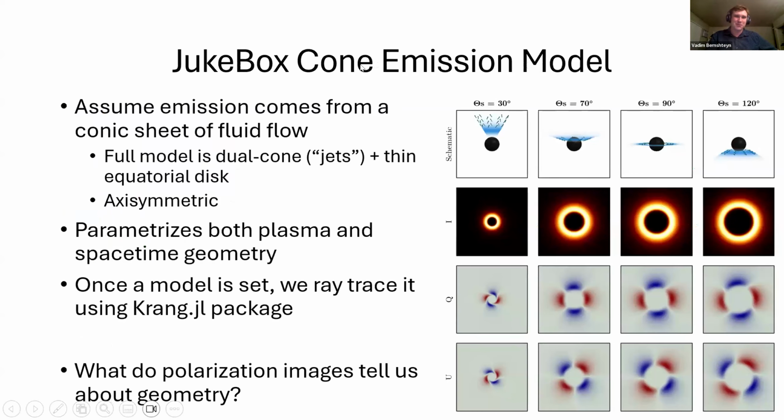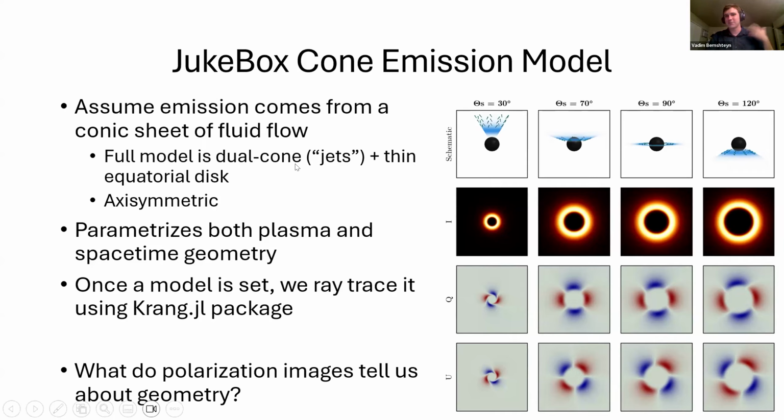The way we describe this more generic situation is using a semi-analytic jukebox cone emission model, which is actually an extension of the Kerr-Bam model, which we've heard about today. It's an extension to a non-equatorial geometry. Specifically, we assume that all of the emission in the image comes from a few conic surfaces of fluid flow.